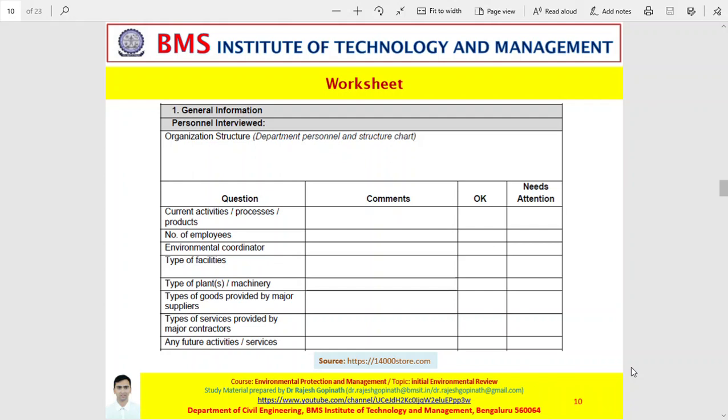The vertical levels, the horizontal levels. How is the chain of communication? How is the flow of instructions? Who are the people who are responsible and authoritative in each level, each department? All this information has to be listed in this first part of the worksheet, which comes under the category of general information. Now, if you look further, there is a checklist, kind of a questionnaire which has been provided.